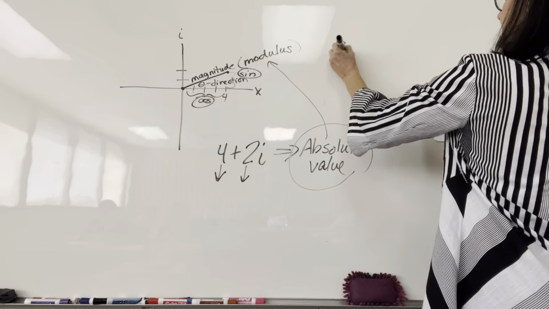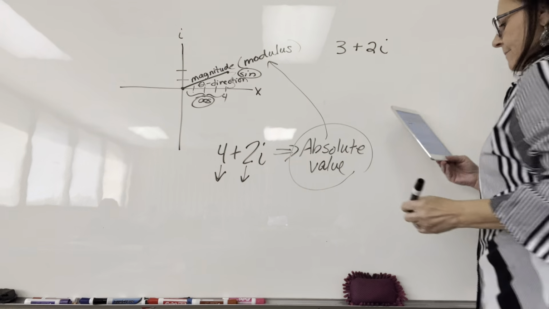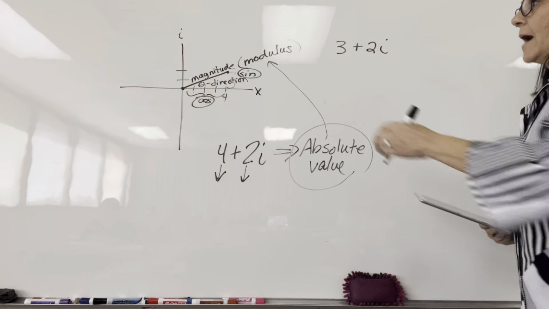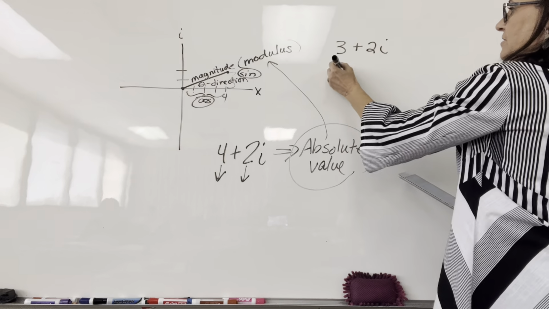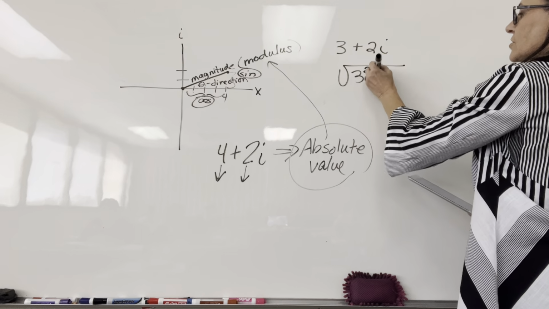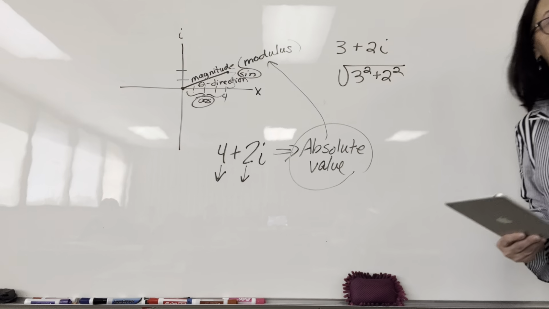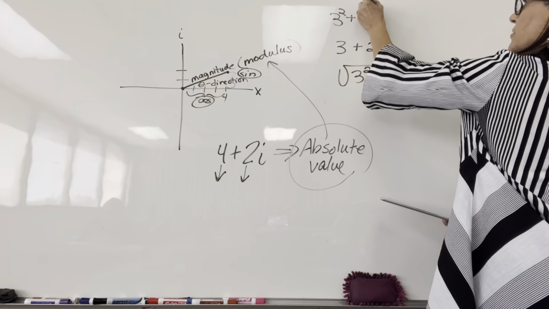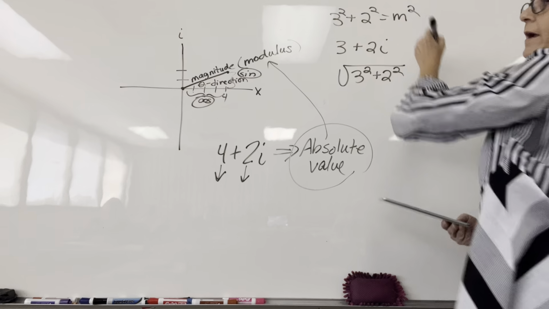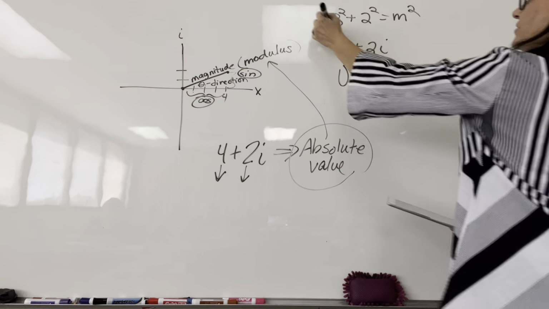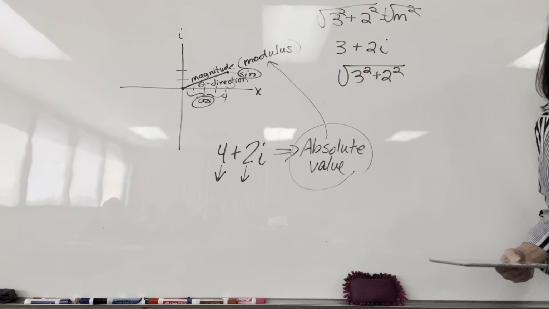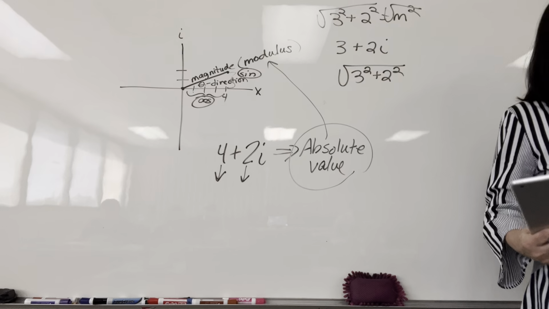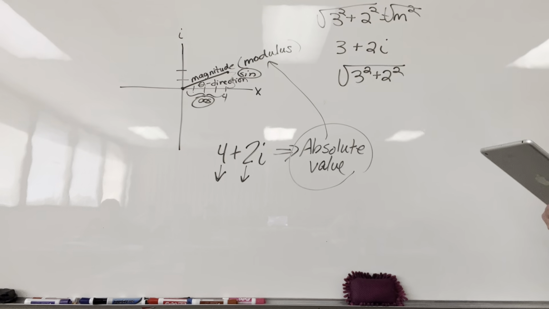Look at example 1 in the textbook. If I wanted to calculate the absolute value of this number, I'm really calculating the modulus. It's the square root of 3 squared plus 2 squared. Because 3 squared plus 2 squared equals the modulus squared, and you take the square root of both sides, so you're calculating the modulus, or the magnitude, or the hypotenuse of a right triangle.